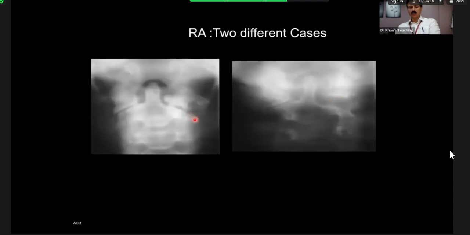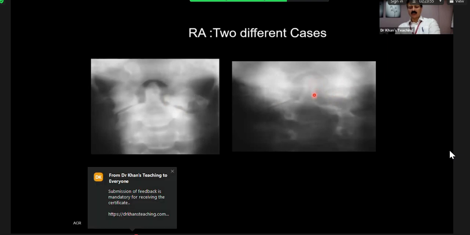And look at these two examples. Here in this example, on the left side, you can see that the lateral mass is slightly eroded. Another example, and here you can see more erosion of the lateral mass. Look at this. And then look at this dens, which has got erosions, and even here there is a bit of erosion.